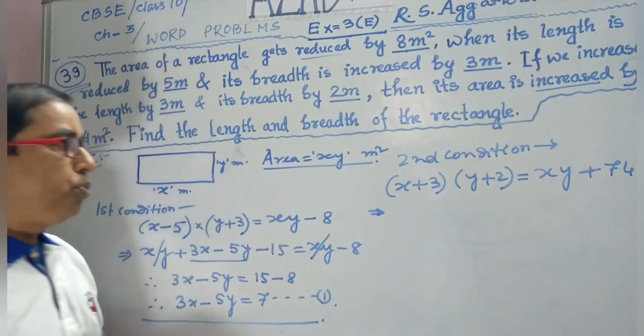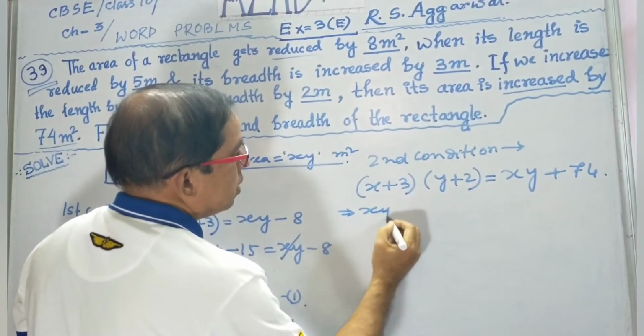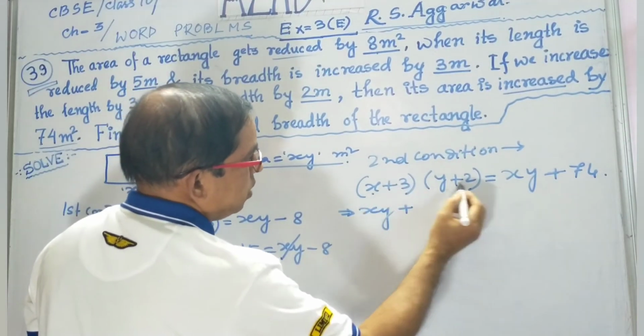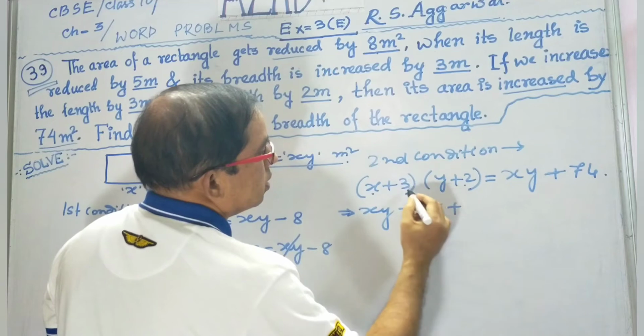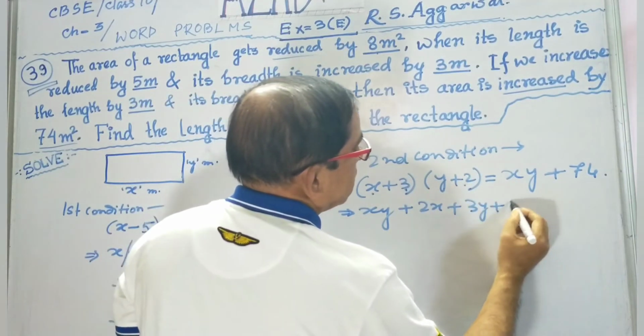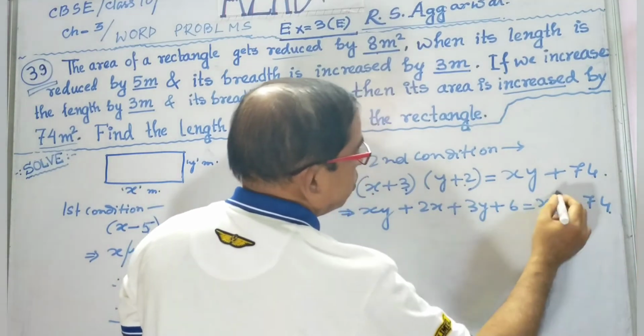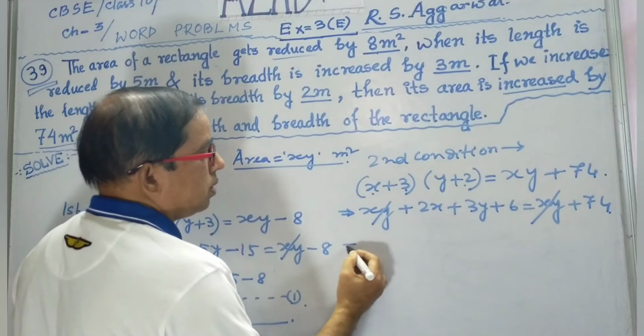Now, if we multiply these two, x into y means xy, plus x into 2 means 2x, 3 into y means 3y, and 3 into 2 is 6, equal to xy plus 74. xy and xy is cancelled.